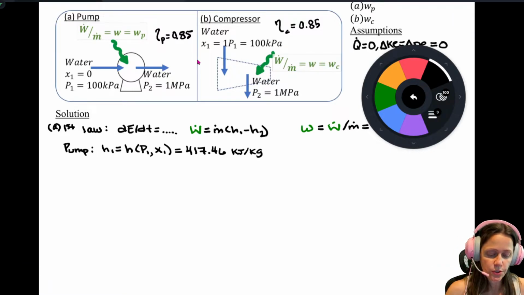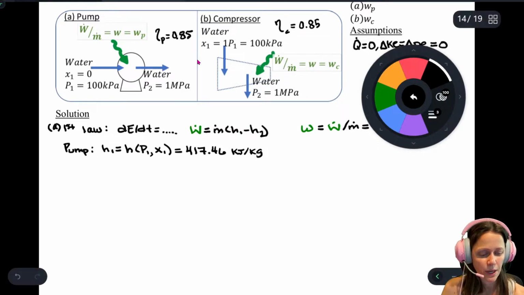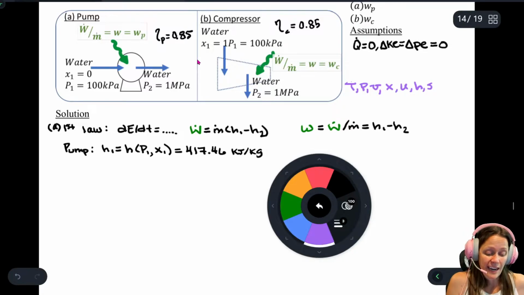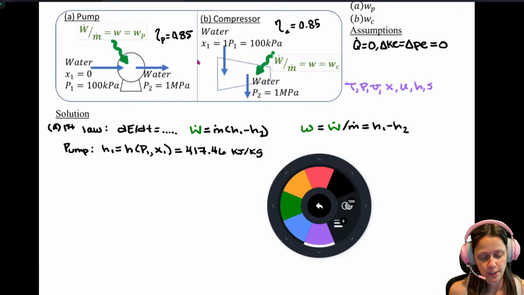Now state 2, I'm sort of at a loss because I have the pressure, but remember, in order to fix the state, we need 2 independent intensive properties: temperature, pressure, specific volume, quality if it's applicable, internal energy, enthalpy, and entropy. And I'm not given anything except for pressure.